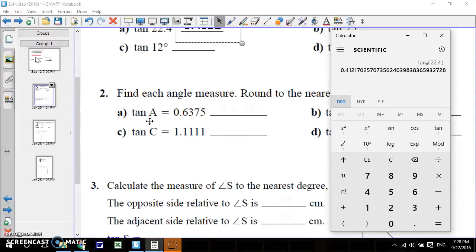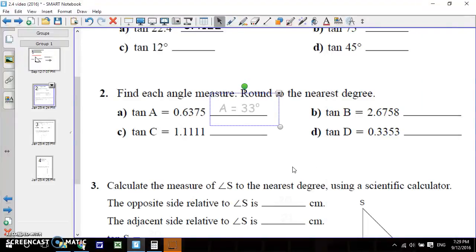So in question 2a, if tan A is equal to 0.6375, I'm going to enter 0.6375 and then use the second function, tan, to find out that angle A is approximately 33 degrees. On your calculator, you may have to enter second function tan and then 0.6375.